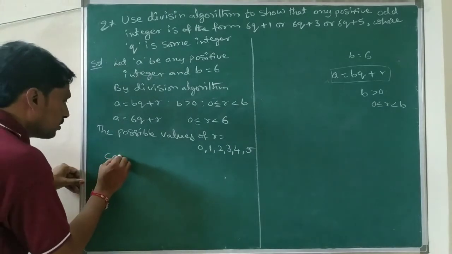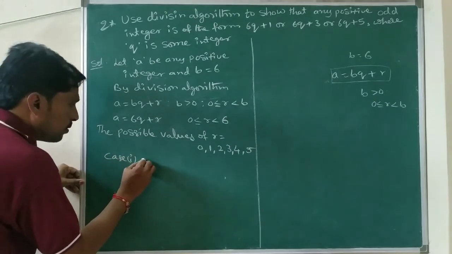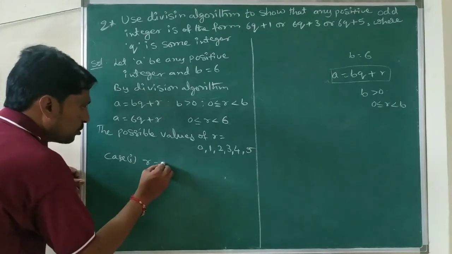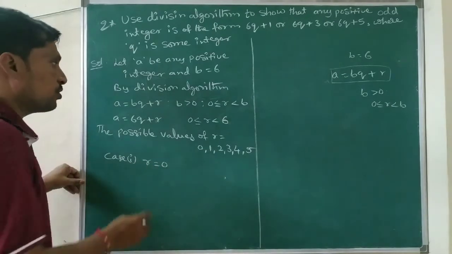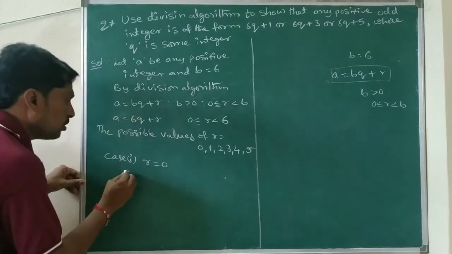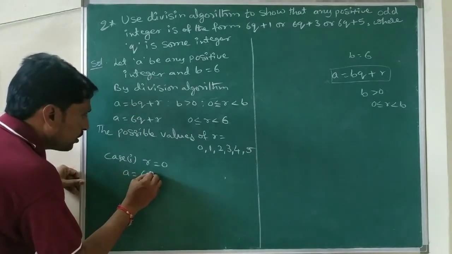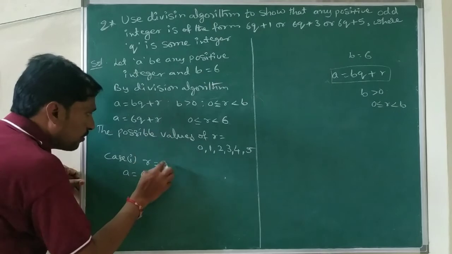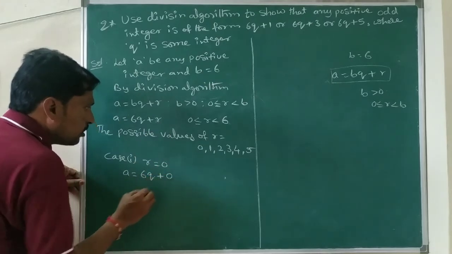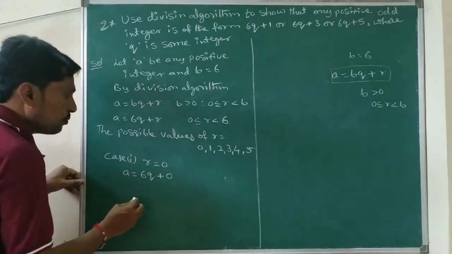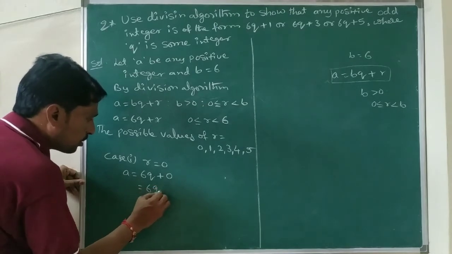So case number 1. What is case number 1? Here the r value is 0. In the first case, you can substitute the r value 0 in the division algorithm. So a equals 6q plus r, and we are putting r equal to 0. So that equals 6q plus 0, which is 6q.